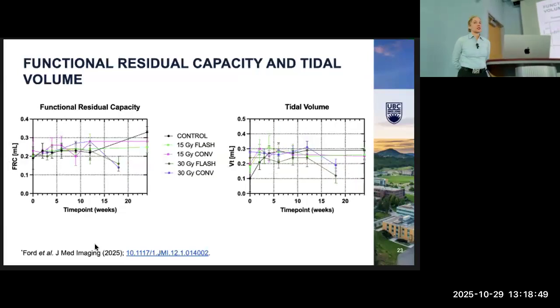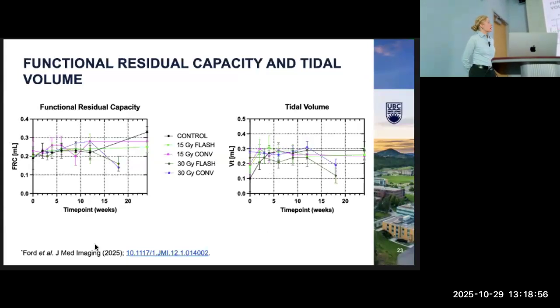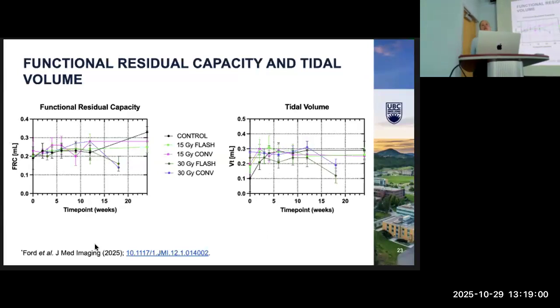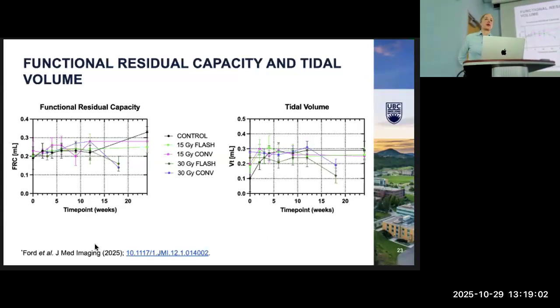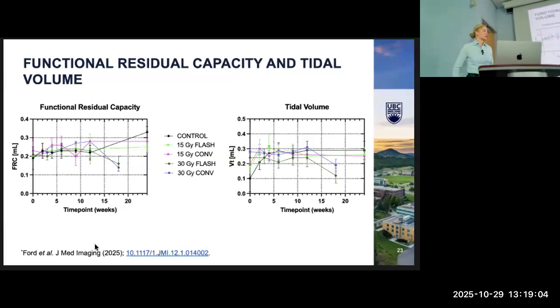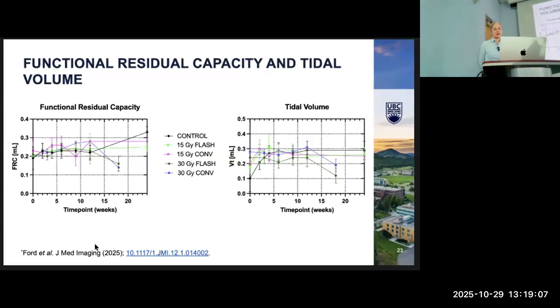And we can use those measurements to calculate some of the metrics that are used clinically. So in the first plot here, we have the functional residual capacity. This describes how much air is left over in your lung after you exhale. You can't exhale all of the air. You have to have a little bit left inside. So how much air is left?